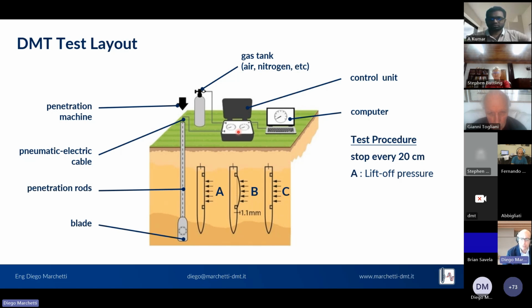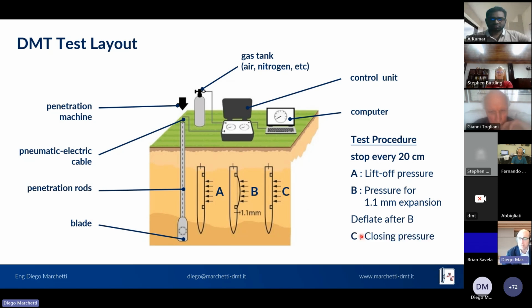The operator will continue to inflate the gas, the membrane will expand, and when the center of the membrane expanded 1.1 millimeter in its center, the second pressure reading B is obtained. The operator must then deflate after B to avoid the membrane to overinflate or to break, and the membrane will return into the original position.